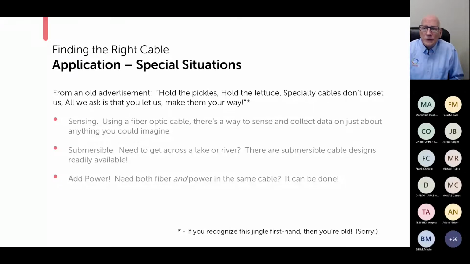Last up, just some special situations that come up. Sensing, the world of fiber optic sensing is exploding at the moment. There's pretty much a way of sensing anything that you could imagine, and there's a fiber optic cable to go along with it. So whatever you think of, come and talk to a fiber optic cable supplier and they'll help you out with a suitable cable.